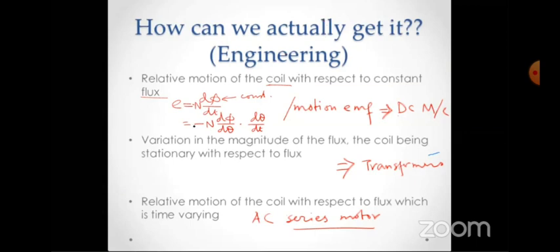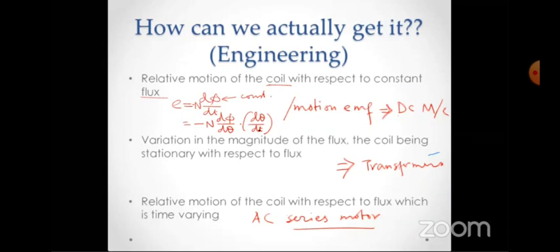Now you see, what is the second part? Sir, omega. Tell me what? Sir, even if we move the coil, the relative motion of the coil with respect to the flux, then also the flux passing through the coil is ultimately varying.